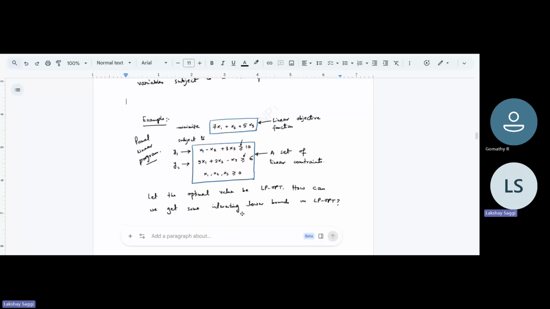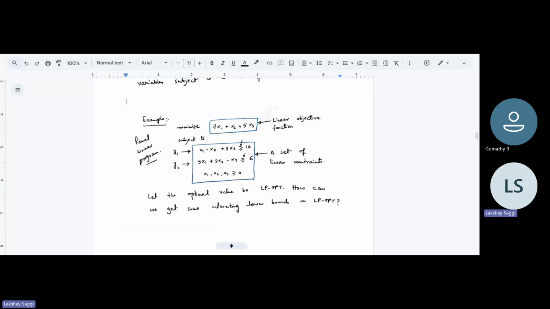So we know what a linear program is, and let the optimal value of the linear program be, let's say, LP opt. It's not always necessary that this linear program will be feasible, because it might be that this set of constraints taken together has no solution. It might also be the case that even if it is feasible, the optimal value of the linear program may be unbounded.